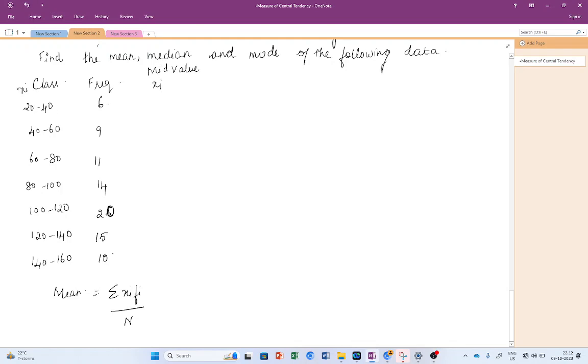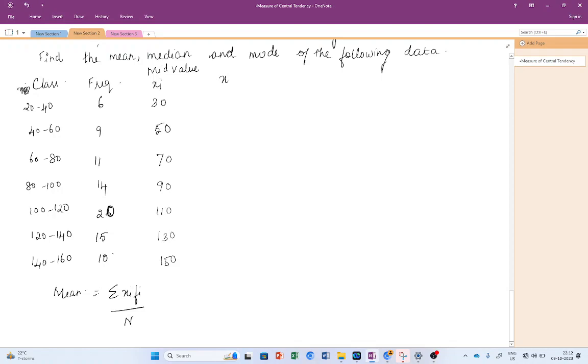For 20 and 40 it is 30, for 40 and 60 it is 50, 60 and 80 it is 70, then it is 90, 110, 130 and 150, just the mid values of your intervals. So this interval's mid values are called your xi.